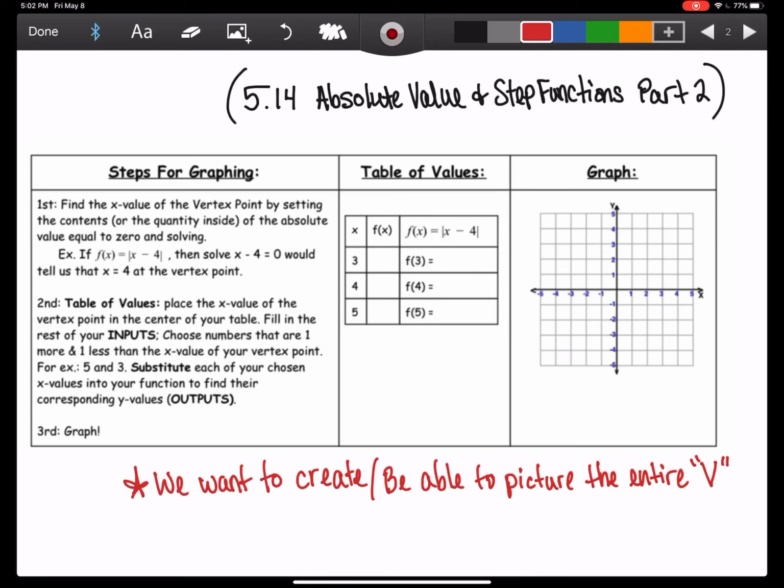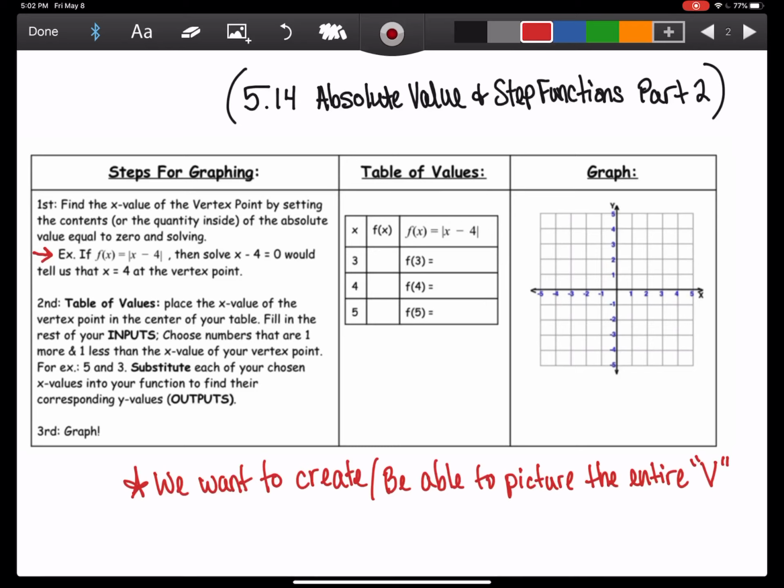So it's best to follow these steps to get the V shape to appear on the graph. First it says, find the x value of the vertex point by setting the contents, the quantity inside of the absolute value, equal to 0 and solving. What I just said is shown here in this example.